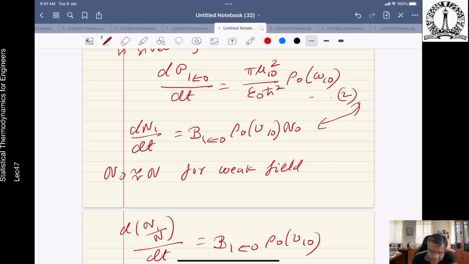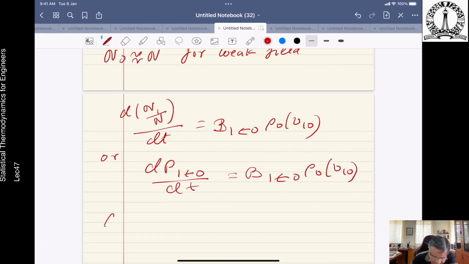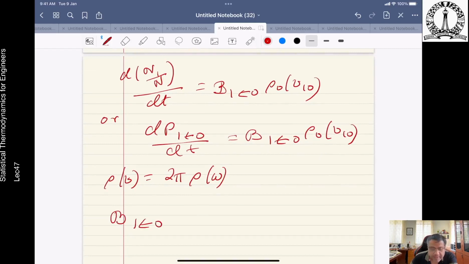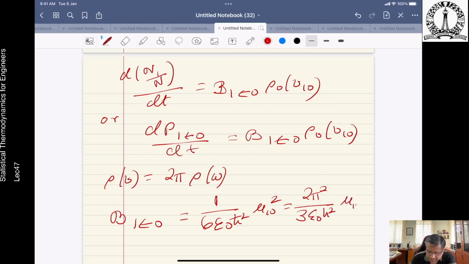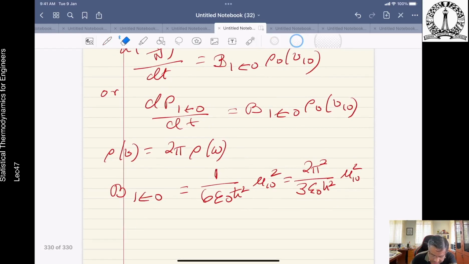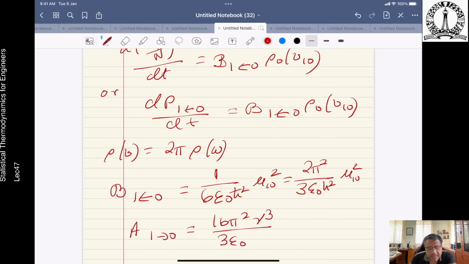Also noting that rho v is equal to 2 pi rho omega, E10 therefore becomes 1 over 6 epsilon h bar square mu 10 square, which is equal to 2 pi square over 3 epsilon naught h square mu 10 square, and A10 is 16 pi square gamma cube over 3 epsilon naught h c cube mu 10 square.